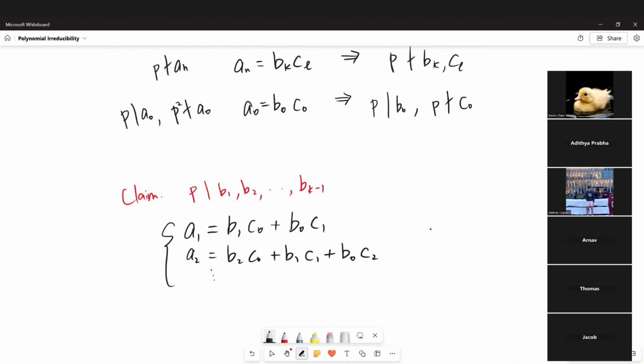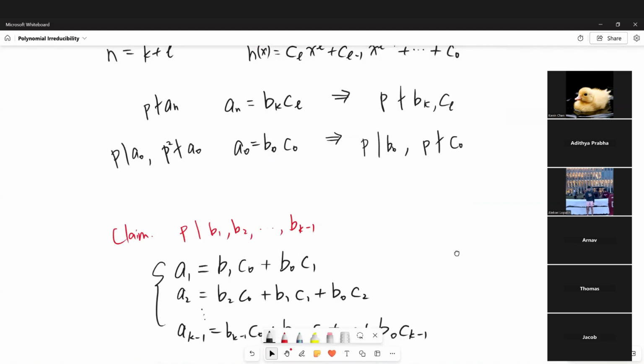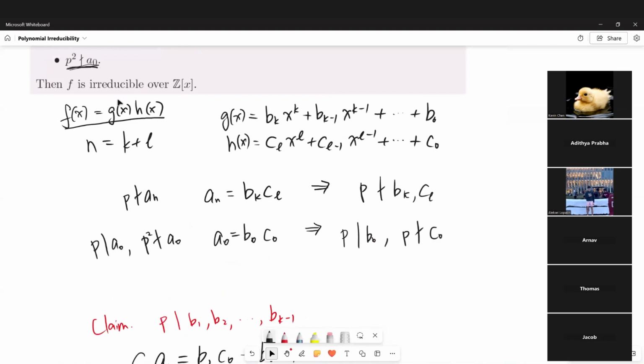And all the way to a_{k-1} is equal to b_{k-1} times c_0 plus b_{k-2} times c_1 all the way to b_0 c_{k-1}. And so this is true because we can just expand g(x) times h(x) and match the coefficients of each, and noting that k plus l is just n.